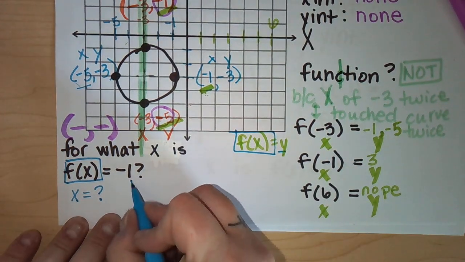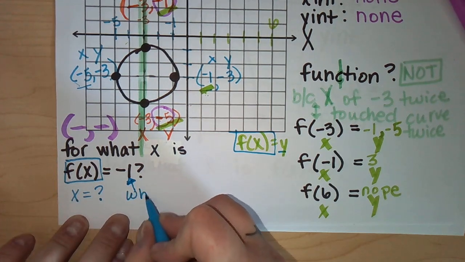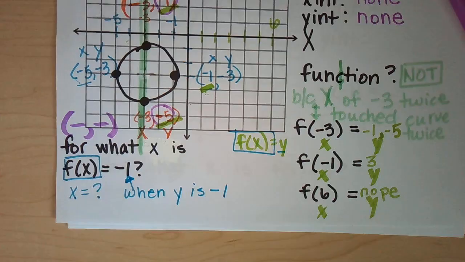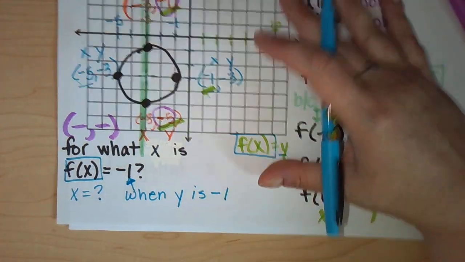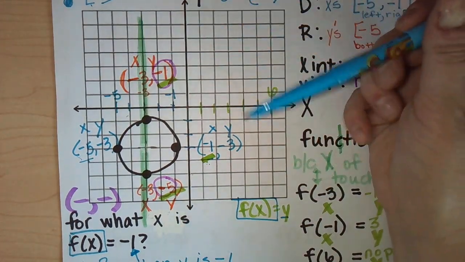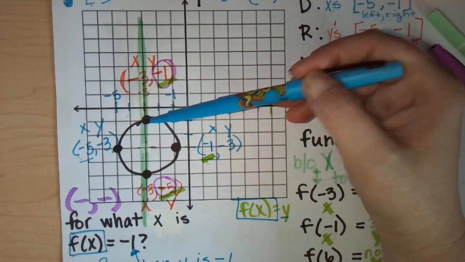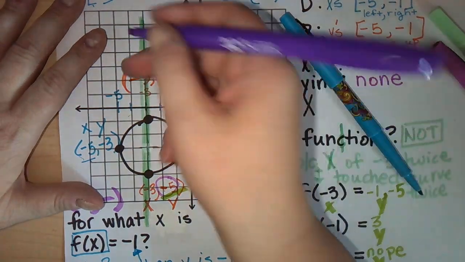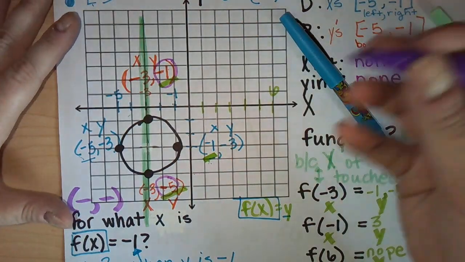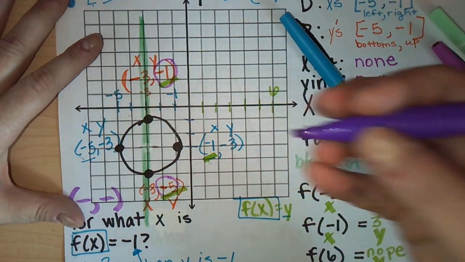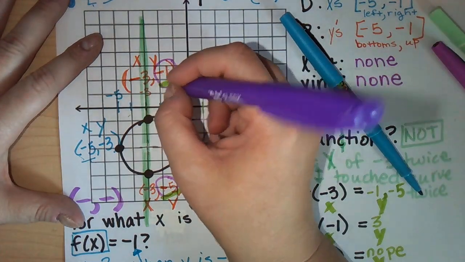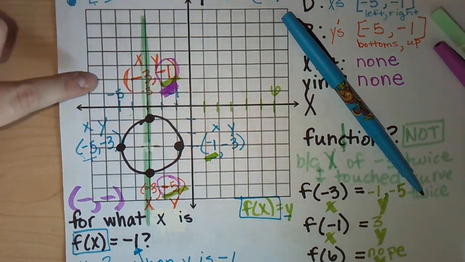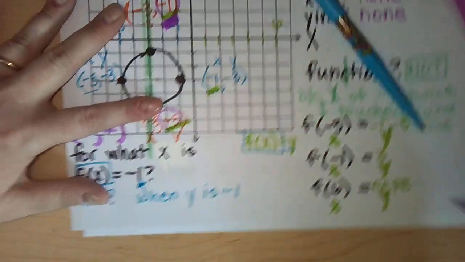So this -1 is what our y is. So let's find when y is -1. Okay, it's a bad picture, but let's just pretend that the only spot is right here. When y is -1, what is the x? -3.